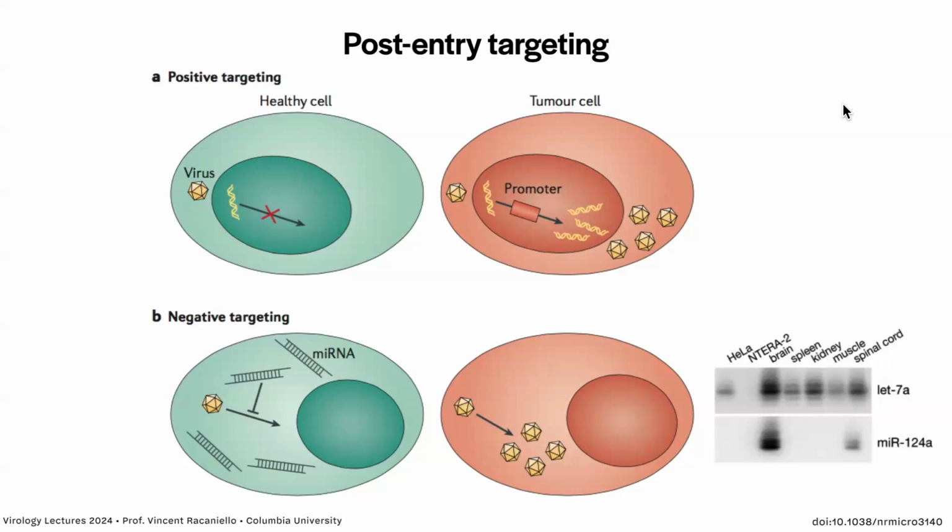So here are two different microRNAs, LET7A and MIR124A, and those are RNAs from different tissues. You can see they vary in different tissues and tumors as well. So we can put in a target of a microRNA that is not expressed in tumors, and that restricts replication in a normal cell and allows virus replication in a tumor cell.